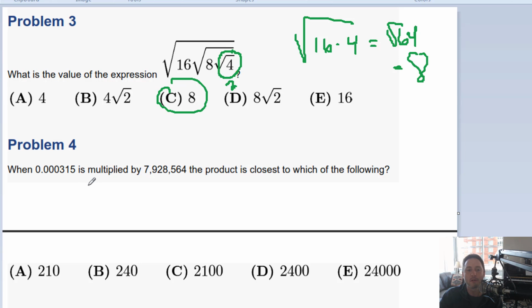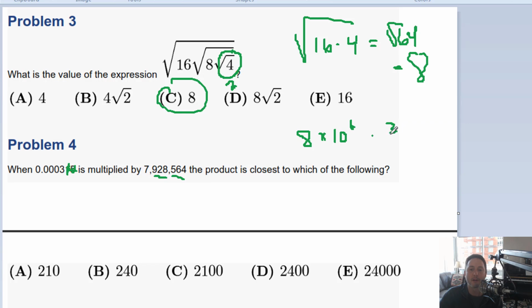Now here, number 4, when this decimal is multiplied by this big number, the product is closest to which of the following? Okay, so this right here looks like 8 million. I'm going to write 8 times 10 to the 6, 6 zeros, right? 3 here and 3 there. And we're going to multiply this by, well, let's just get rid of this 1 and this 5. This isn't 3/10, it's not 300, it's not 3,000, it's 3 over 10,000.